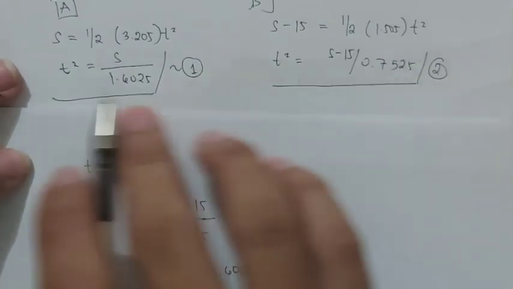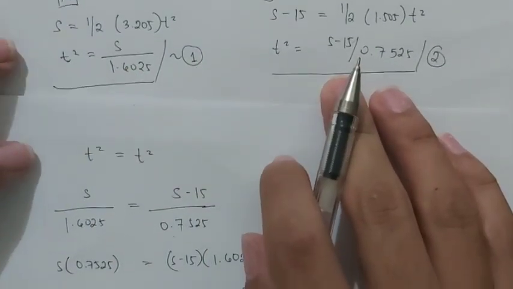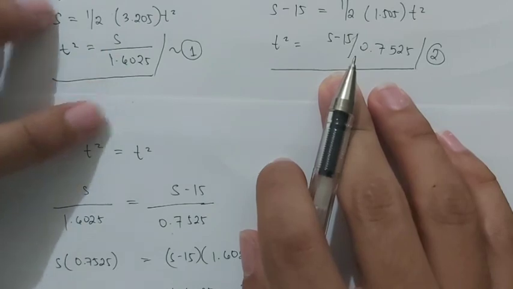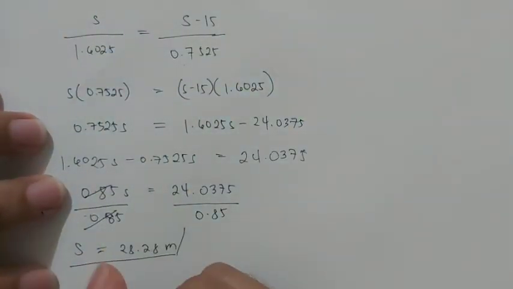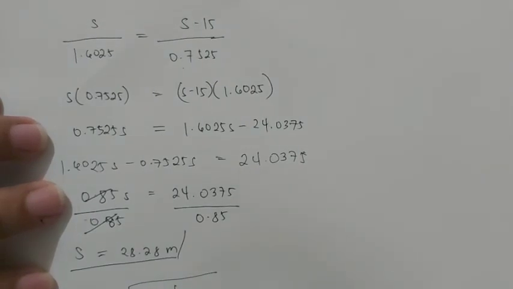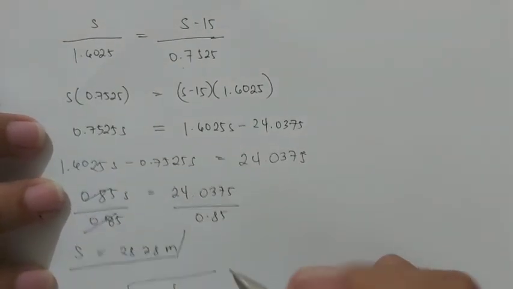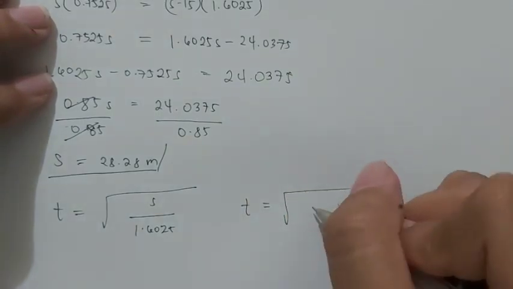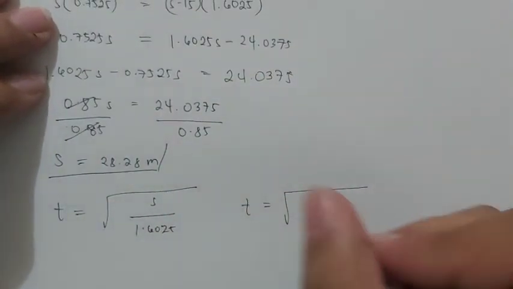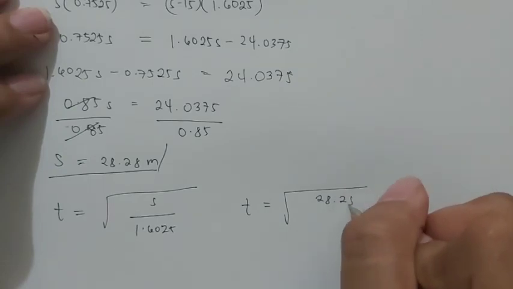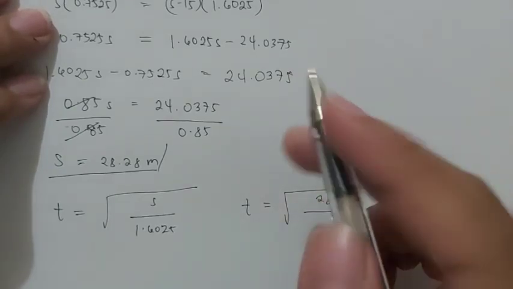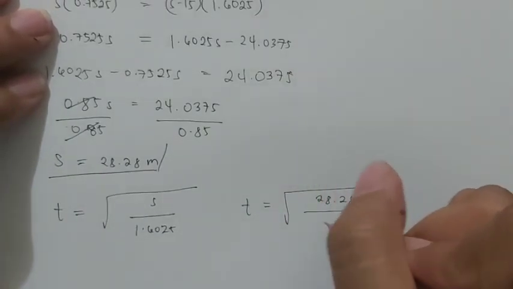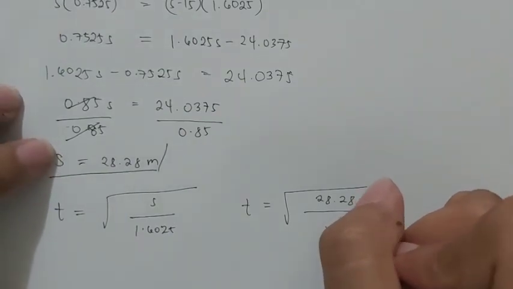So meron tayong from the equation 1, t squared is equal to s over 1.6025. So therefore t is equal to square root of s all over 1.6025. So substitute lang natin to 28.28. Pwede sa kahit anong equation, either equation 1 or equation 2, pero pinili ko is equation 1.